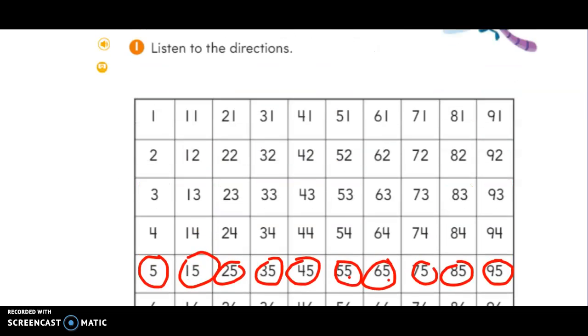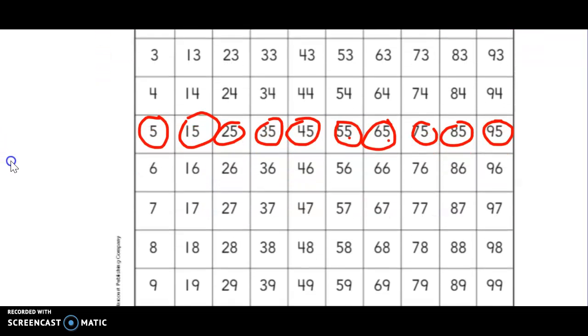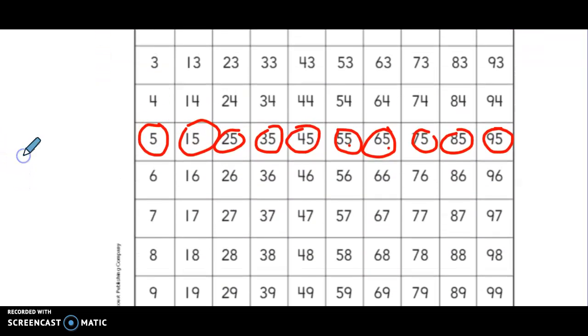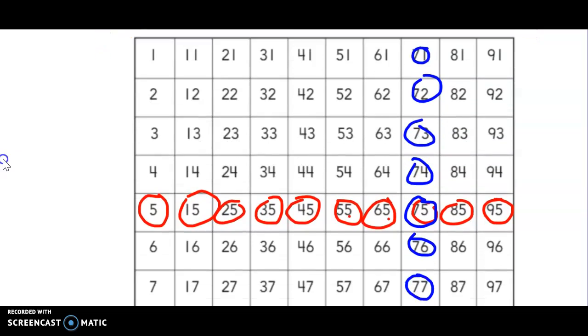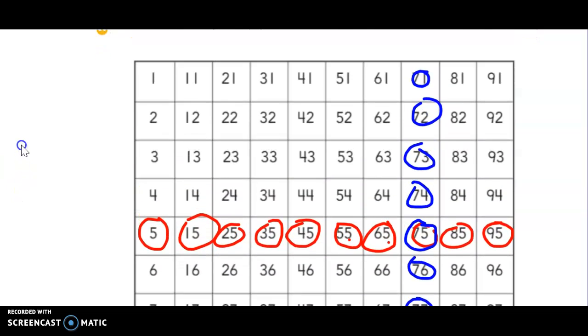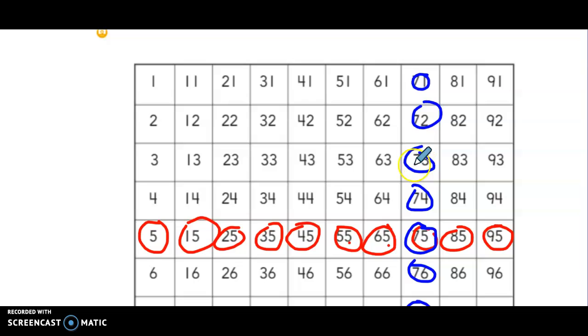You're going to start up here and go down. I want you to do that and then check back in with me to see if you got it correct. All right, let's check it out. Did you circle this column? Yep, everything that has a 7 in the 10s place should be circled in blue.